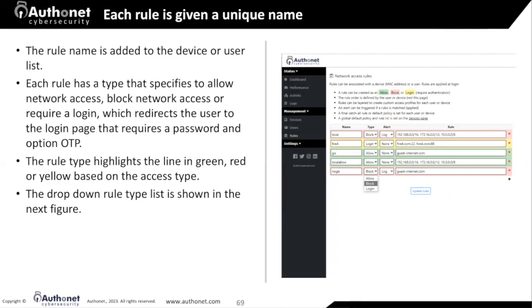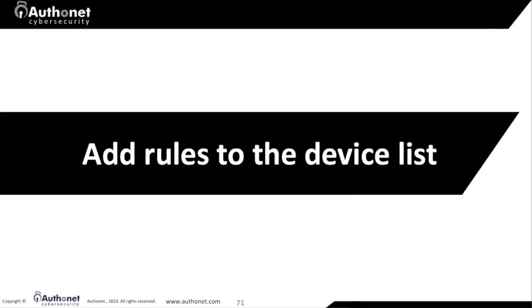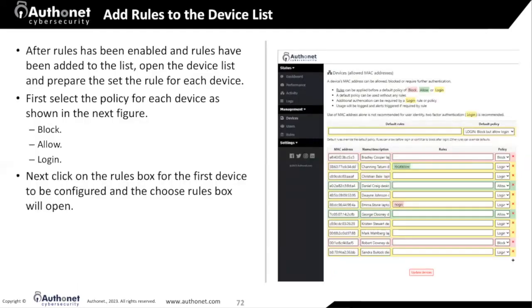Now, once we've created the rules, we can proceed to add those rules to devices. Remember that the type of rule is selected, allow, block, or login, and the alert is selected, either none or log. Let's first add the rules to the device list. And so once we've enabled the rules, the boxes are shown to enter the rules. And so we have an overall policy for a device, block, allow, or login, which can be modified by the rules.